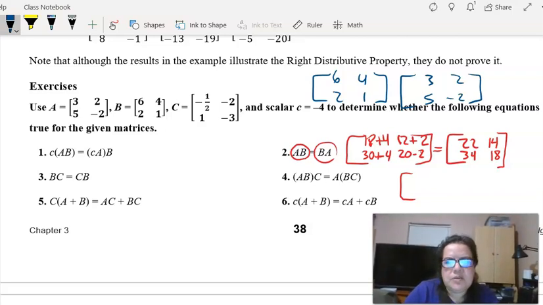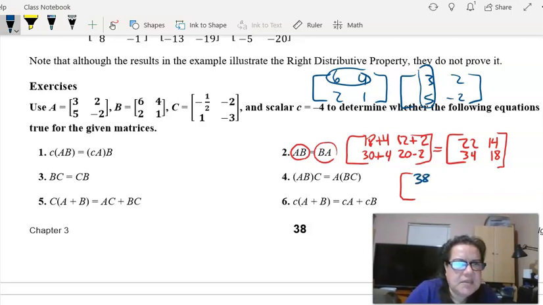So to do this, all I need to do is the same process. Multiply this row with this column. So 6 times 3 is 18, plus 4 times 5 is 20, so that's 38. And then we do the same thing. Now, I could continue checking, right? But I already see a huge problem. The question is, are they equal to each other?